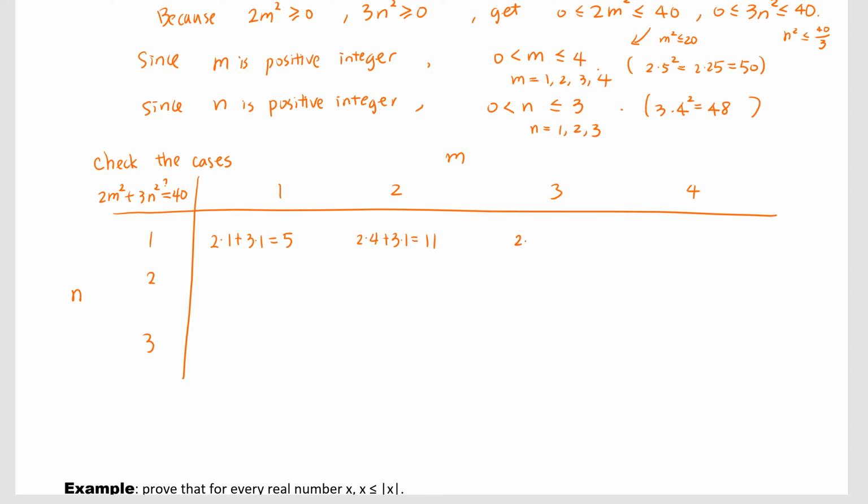Next, 3 squared is 9, 2 times 9 is 18, 18 plus 3 is 21. Then 4 squared is 16, 2 times 16 is 32, 32 plus 3 is 35.